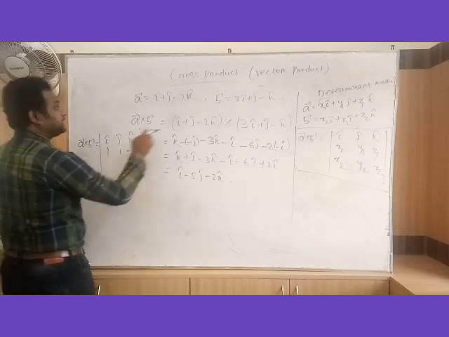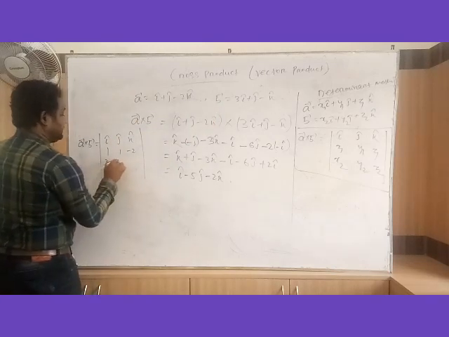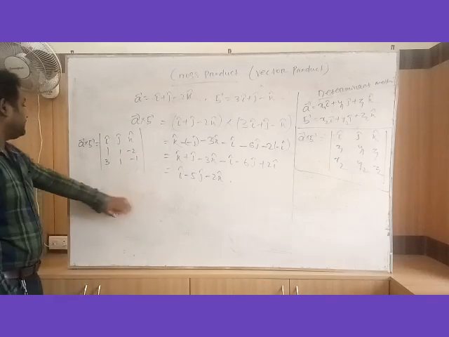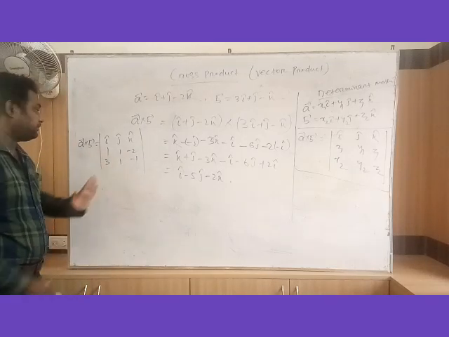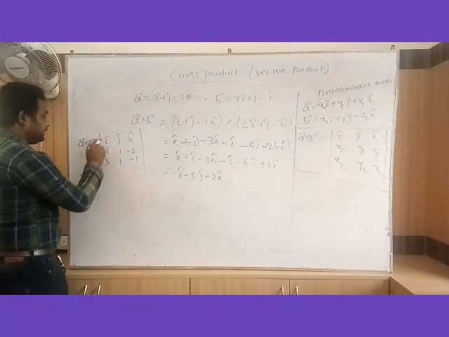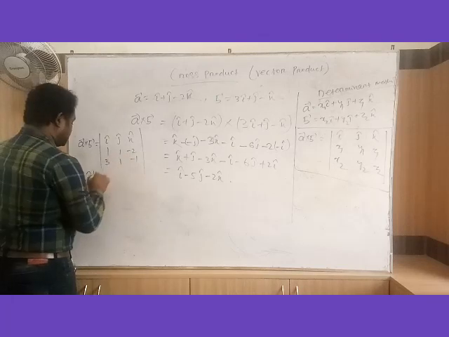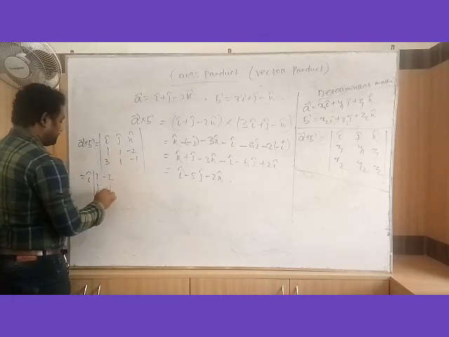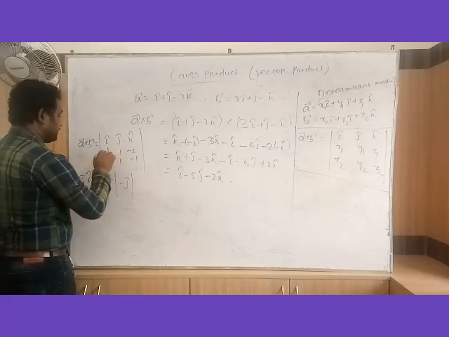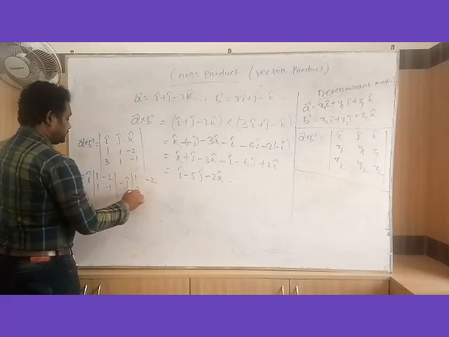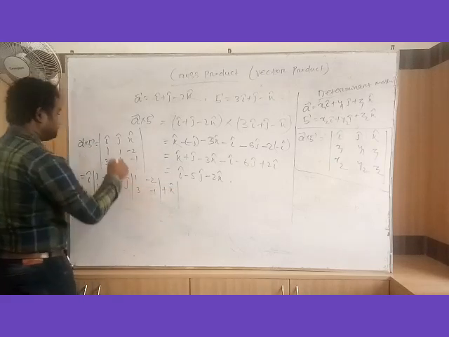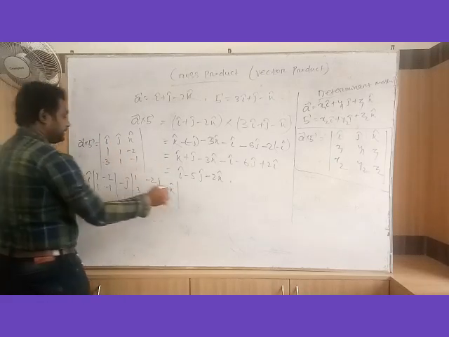The value of B vector is 3, 1, -1. Okay, so this is in determinant form. Now we have to find the value. I cap times the determinant of (1, -2; 1, -1), minus j cap times (1, -2; 3, -1), plus k cap times (1, 1; 3, 1).